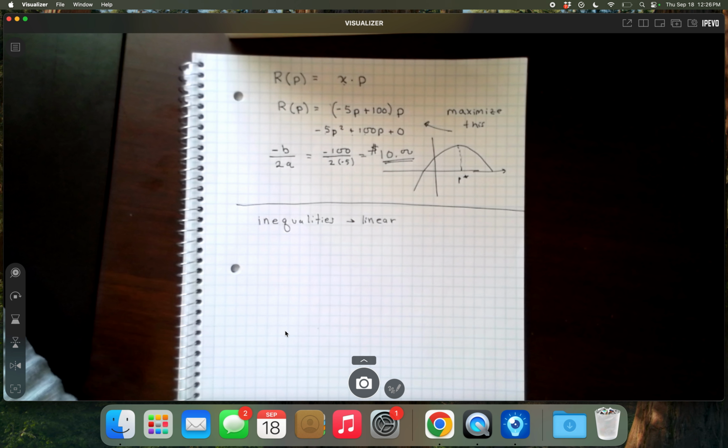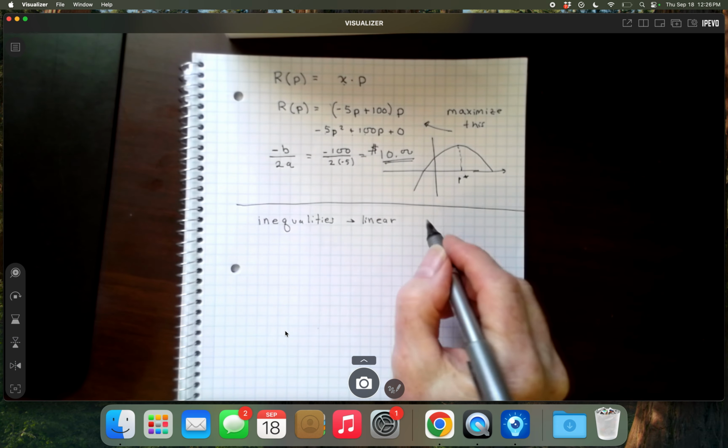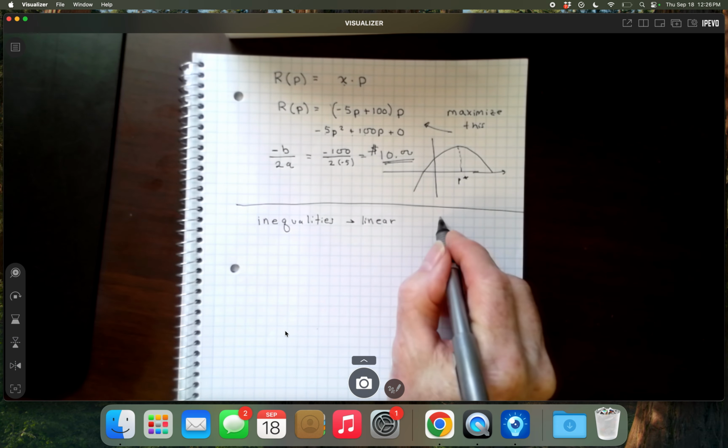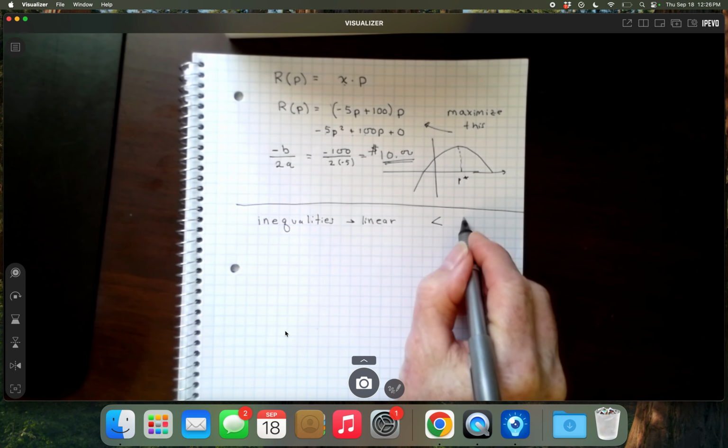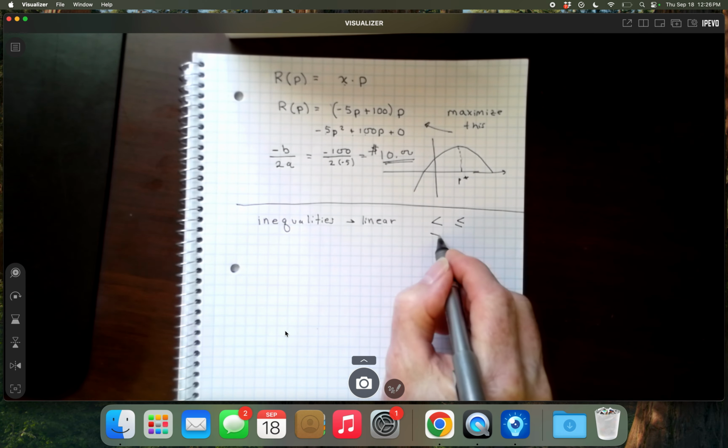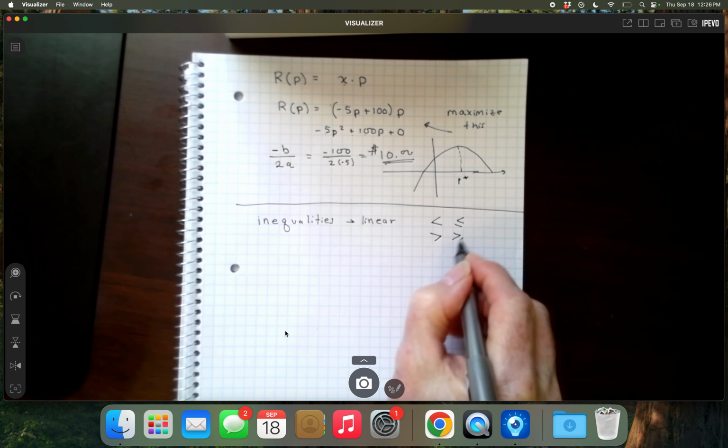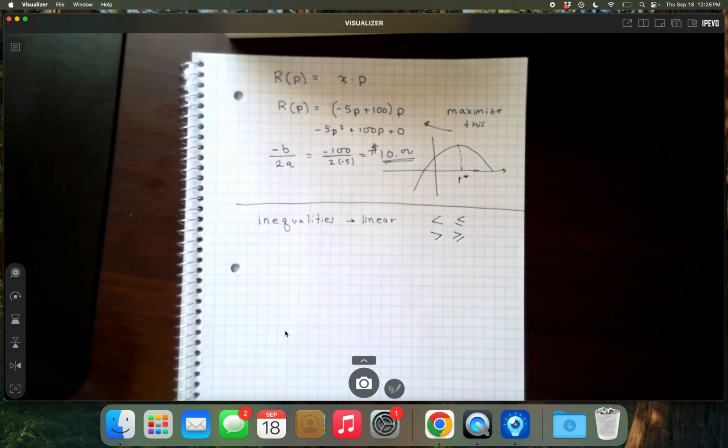I believe it's Appendix A9. So you will read about that in the appendix. So what is an inequality? Well, inequalities are these symbols: less than or equal to, greater than or equal to. Those are your inequality symbols.